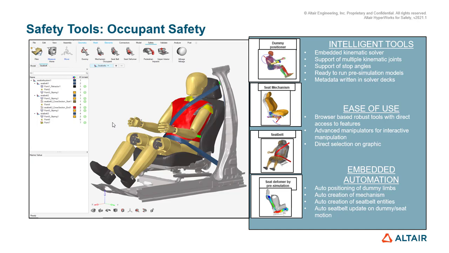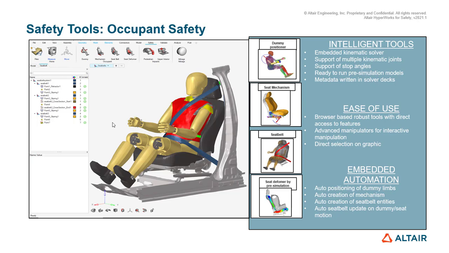HyperWorks offers auto positioning of dummy limbs and auto creation of mechanism. So as I said earlier, mechanism can be done automatically or manually. When you choose the auto creation of mechanism, you just have to specify the body and the joint components, and it is going to create the mechanism. It can create the seat belt entities automatically.